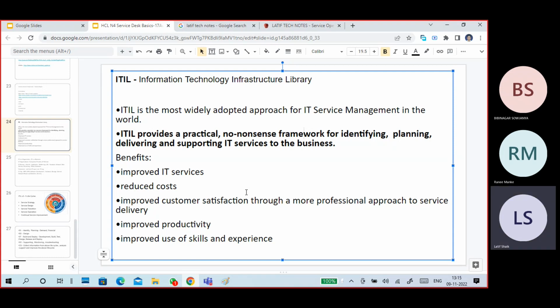Certain shops, certain customer care points are very costly, the look is very good, and the work output is very less. The cost of maintenance of those centers itself is very costly.